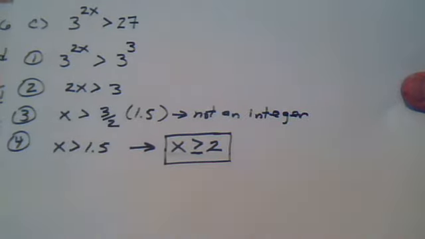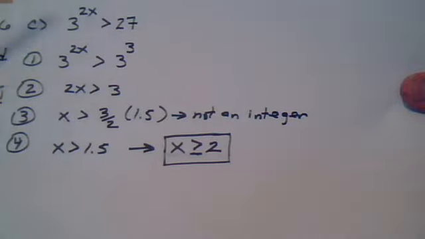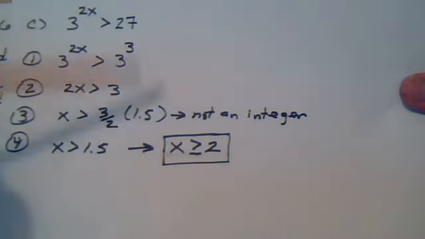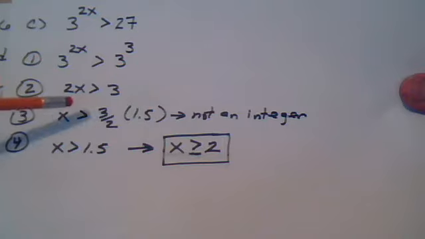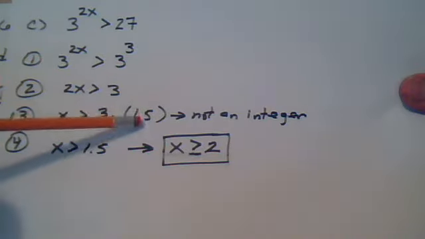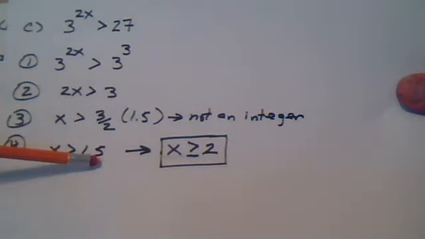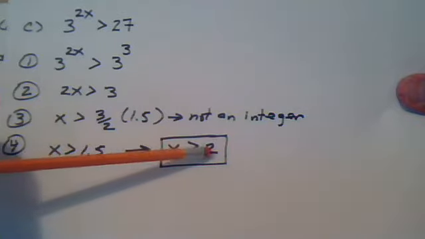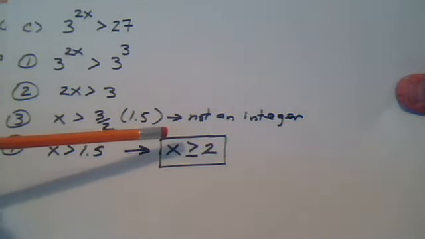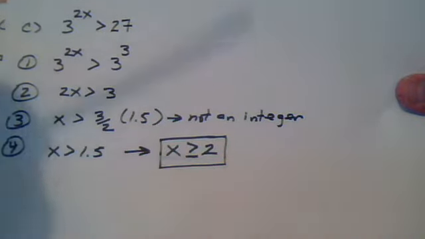Now we're going to have to think about what the x's can be. It can't be a 1.5. Well, we want all those integers greater than 1.5. And which are the integers greater than 1.5? Well, 2 and all the ones that come after 2. So x greater than or equal to 2 would be the solution.